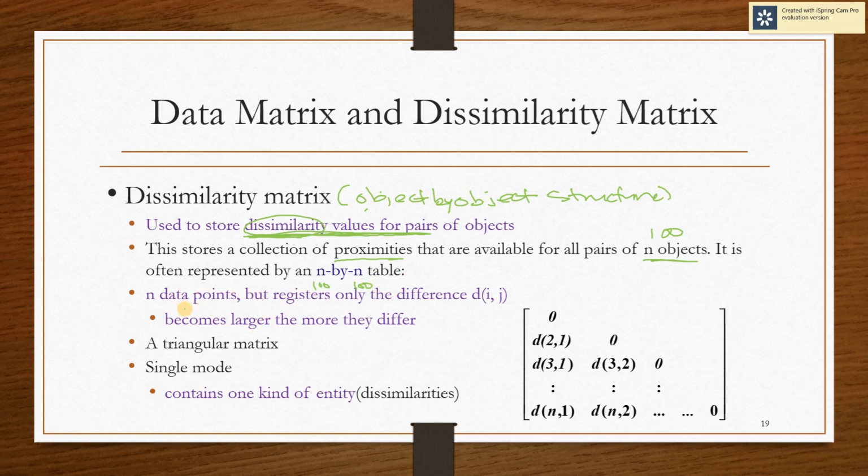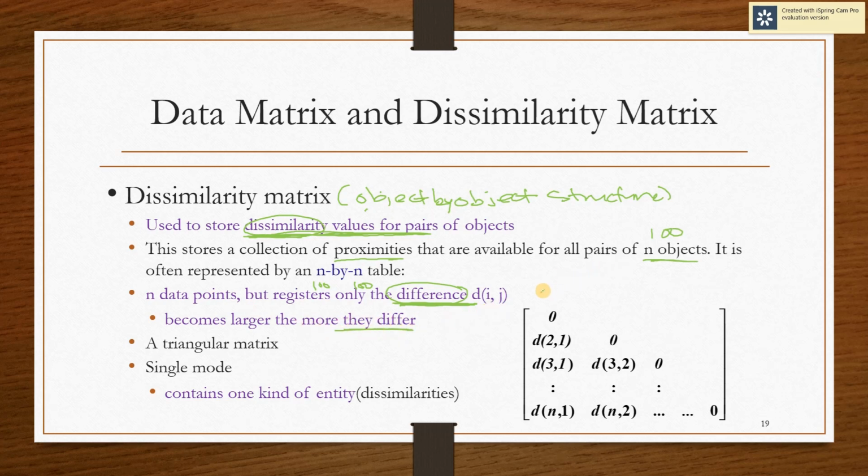So the n data points register the value of differences between those two objects. For example, if the value of differences is larger, meaning that they differ more.